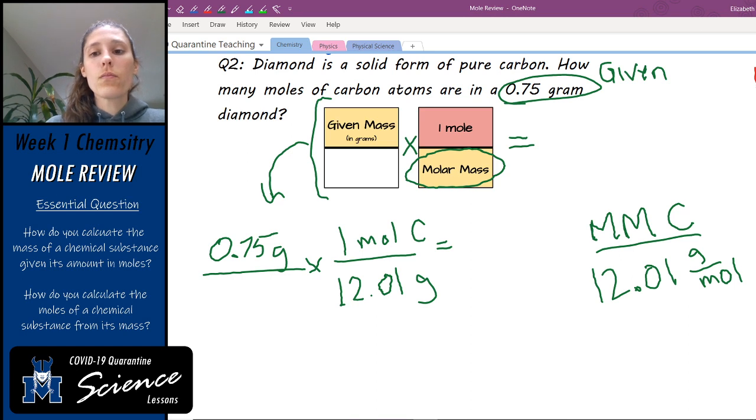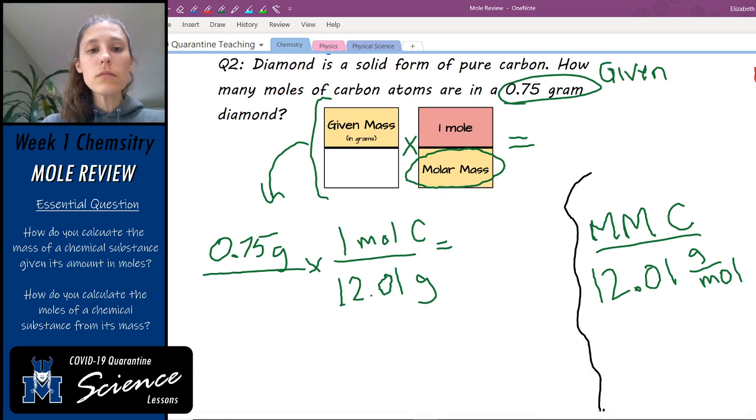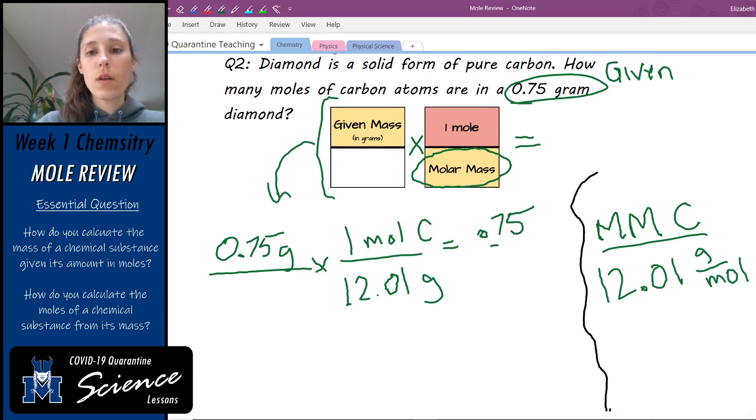Okay, on the calculator, let me draw a line here so we don't confuse it with what we're doing over here. We multiply across the top, we get 0.75, and then we divide by 12.01.